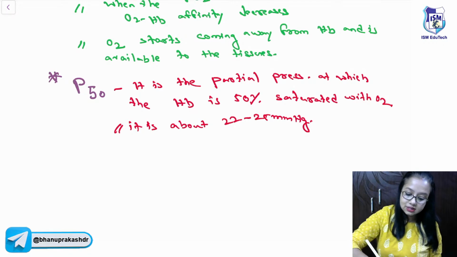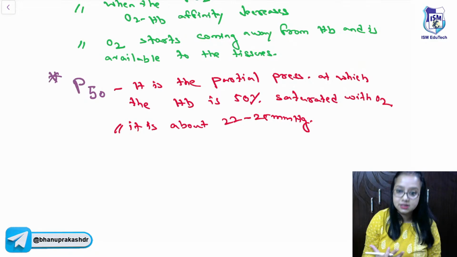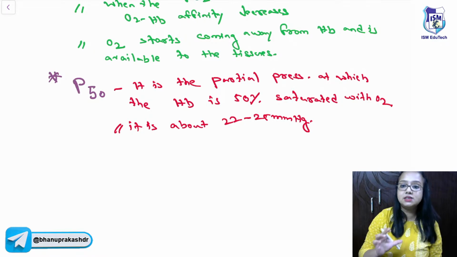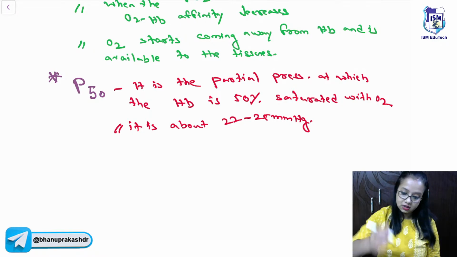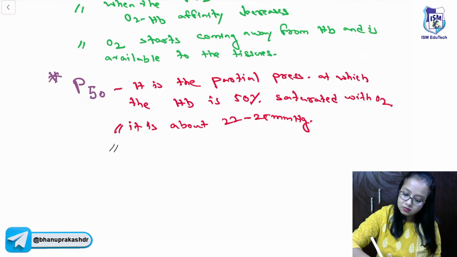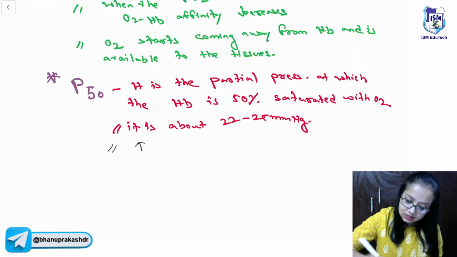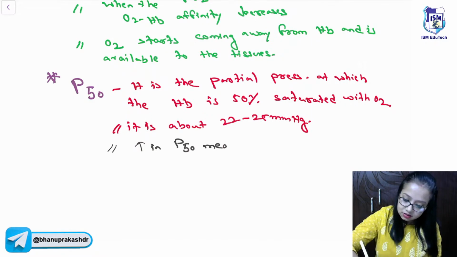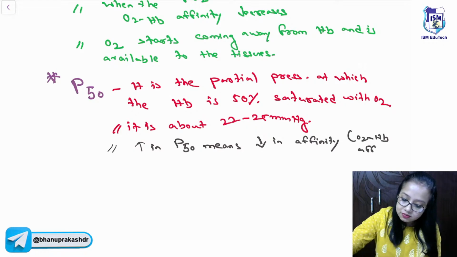Another significance of P50 is that it is a yardstick. By studying the P50, we can understand how much affinity there is between the oxygen and hemoglobin. There is a thumb rule to it. All we need to remember is that an increase in P50 means a decrease in affinity, oxygen hemoglobin affinity.